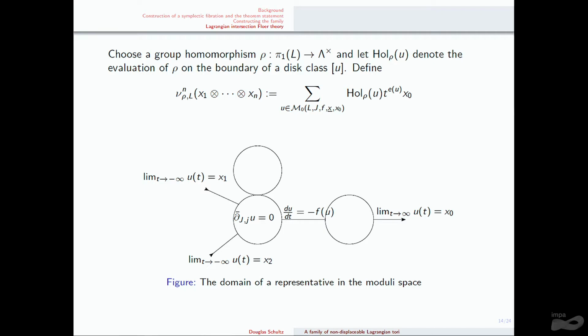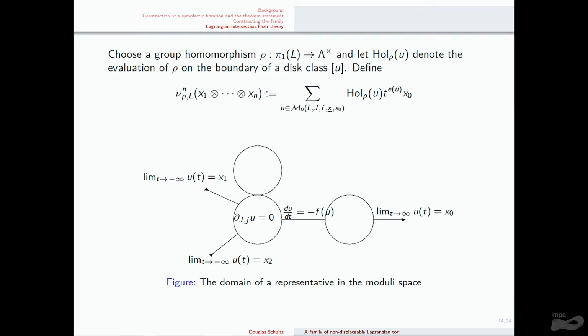These are holomorphic disks with boundary in L, and these edges are going to be gradient flow lines for negative f, with marked points on the boundaries of some of the disks.